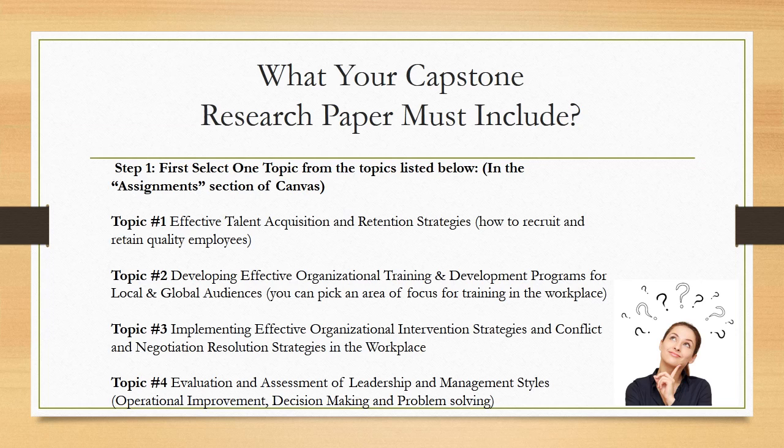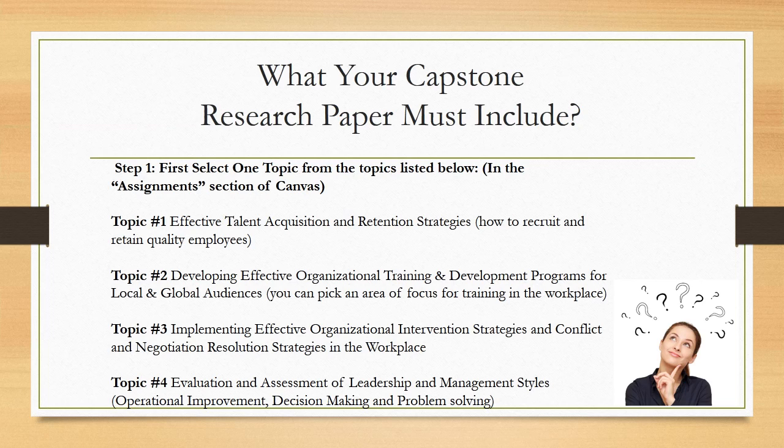So think about your past or previous supervisor or manager, or current manager, and then discuss whether or not they possess the qualities that you will find as you do research on what does it take to be a good leader as well as a good manager, and what are the different management styles, and what are considered the best practices for problem solving and decision making and being an effective leader. So that was topic 4.